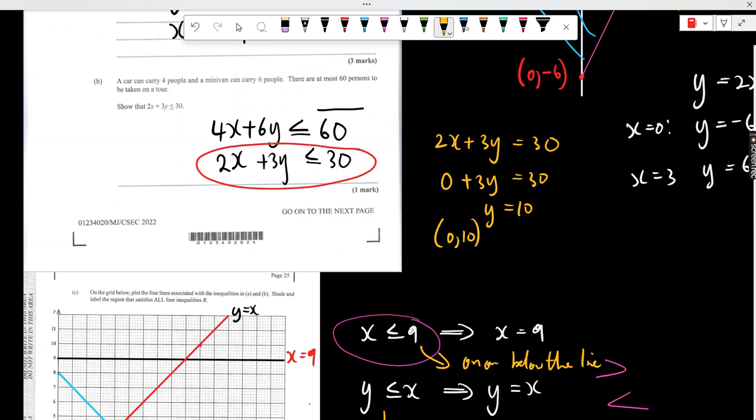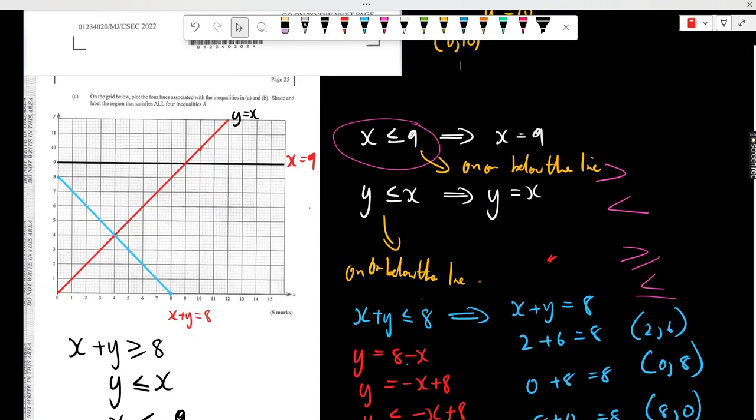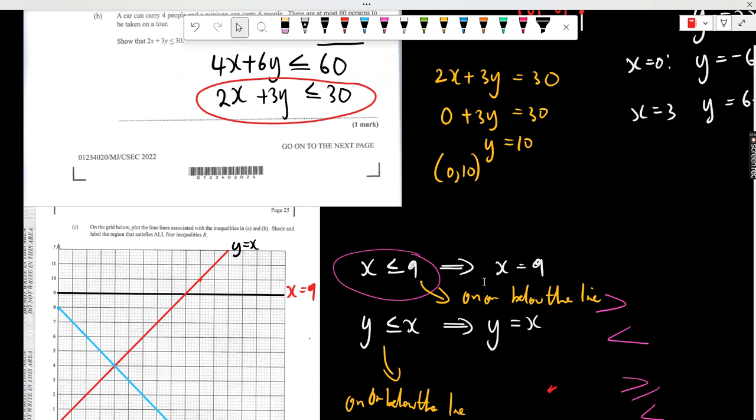And I pick another value. Let me let y equal 0 now. Can I get y equals 0? That will give me x equals what? 15, yes. If I let y equal 0, I could say that 2x plus 0 equals 30, so 2x is equal to 30, so x equals 15.